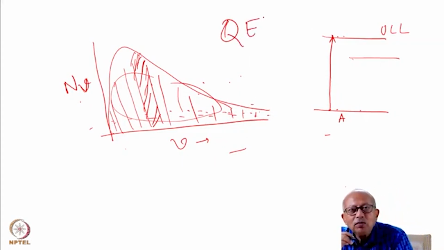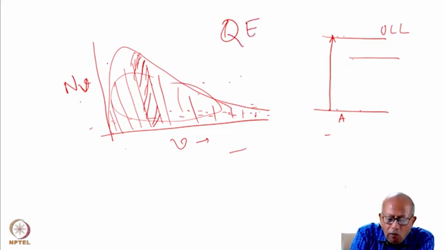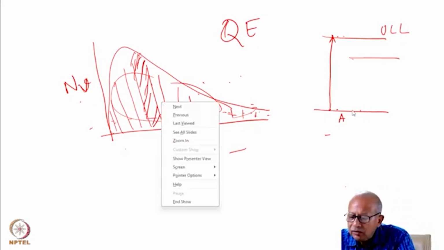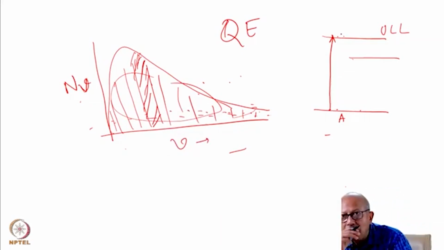But that is impossible. You cannot utilize all the energy that is being stored as kinetic energy of the electrons to excite the atoms from the ground to the excited state.